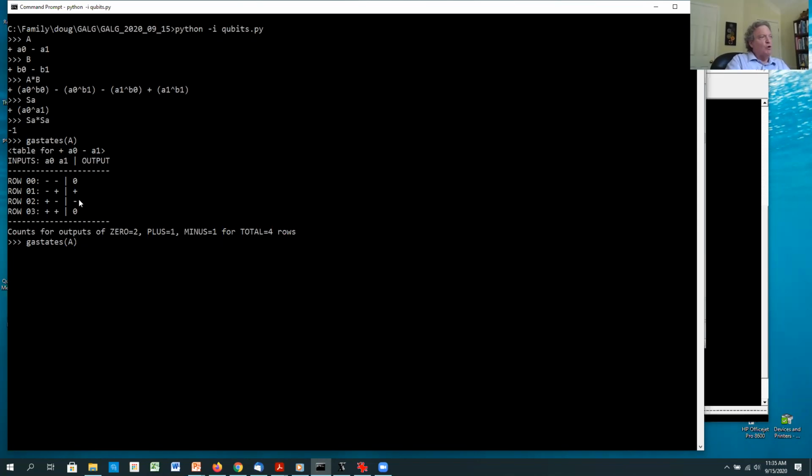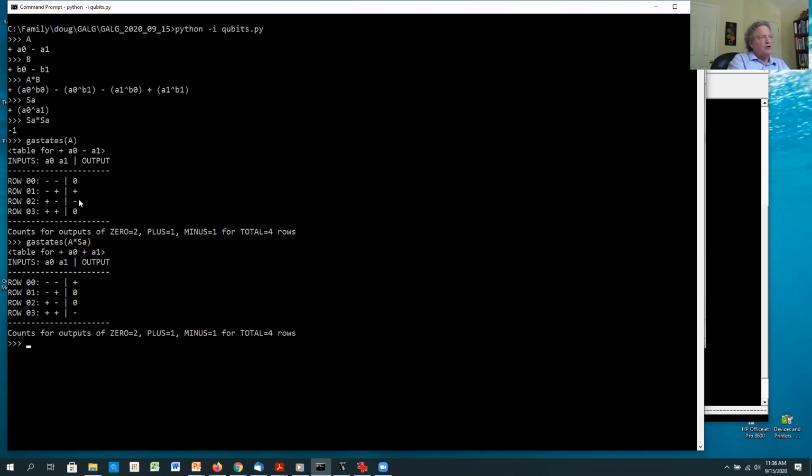And I can go in and rotate that by multiplying it times SA, which is the spinor, and it spins that. It multiplies SA times each of these elements and summarizes it. And now it's flipped it, so it's gone from the classical looking state to the superposition state where they're both plus plus and minus minus, okay?